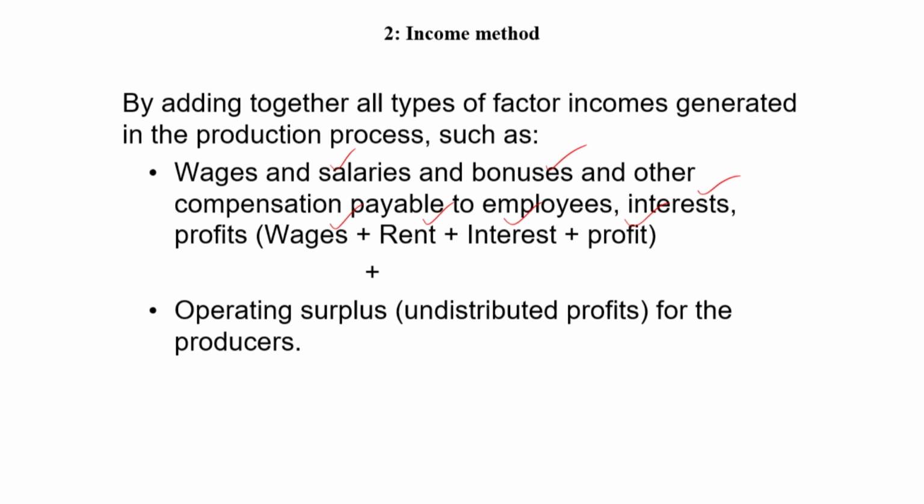They keep some of the profit as undistributed profit to meet the operation needs of the firm, to meet unforeseen contingencies of the firm. But that actually belongs to the shareholders, so that should be considered as part of income. So according to the income method, when we aggregate all the factor income, including wage, rent, interest and profit, we get the total income, and that is the GDP measured through the income method.